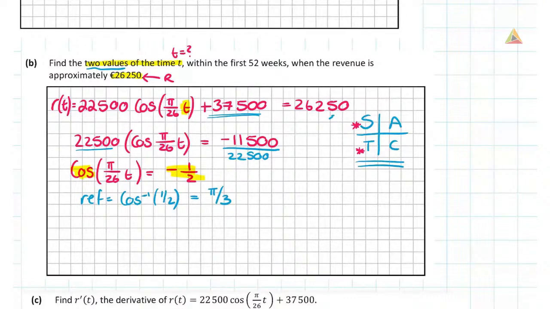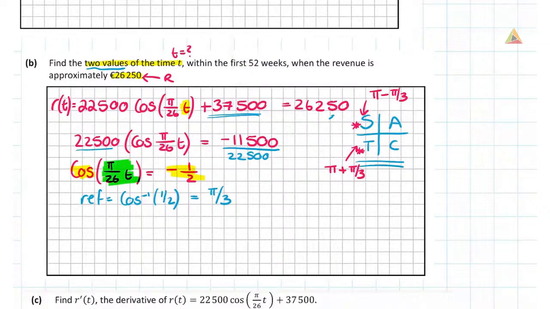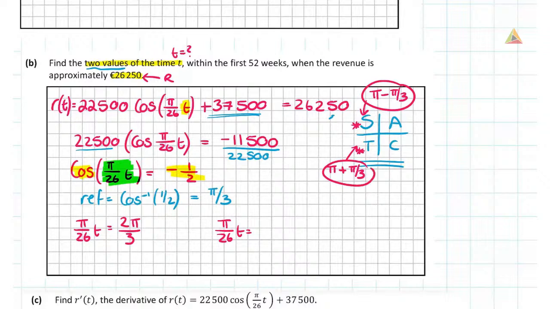So let's think about it like we did in the last one. That's going to be pi over 3 in this quadrant, so that's pi minus pi over 3. And it's pi over 3 in this quadrant, so that's pi plus pi over 3. So my two angles, and remember this was my angle here, pi over 26 times t, are going to be equal to 2 pi over 3 from here, and my other answer is going to come from here, and that's 4 pi over 3.